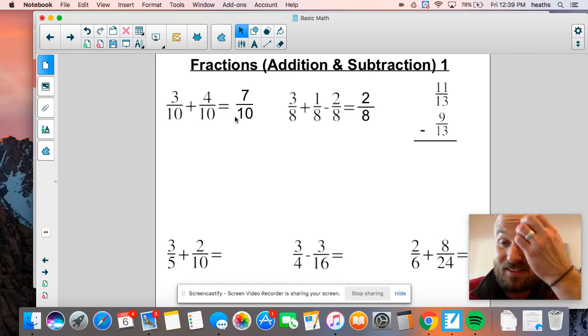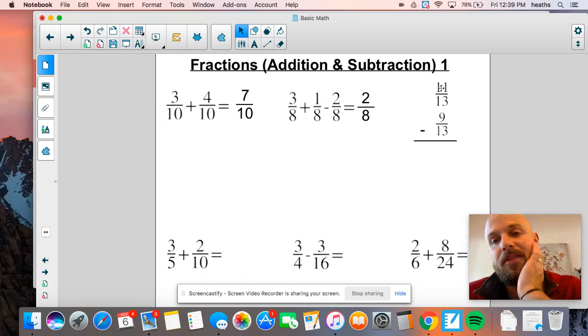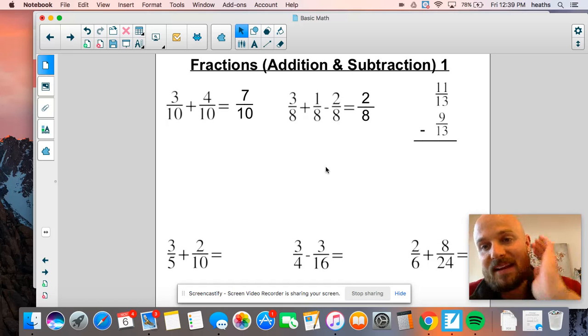However, on certain assessments and certain questions that you may see, the fractions may be stacked like this. So I'm not going to go over it, but I just want you to be aware of that, as this means the same as 11/13 minus 9/13. It's just written or displayed a little bit different.